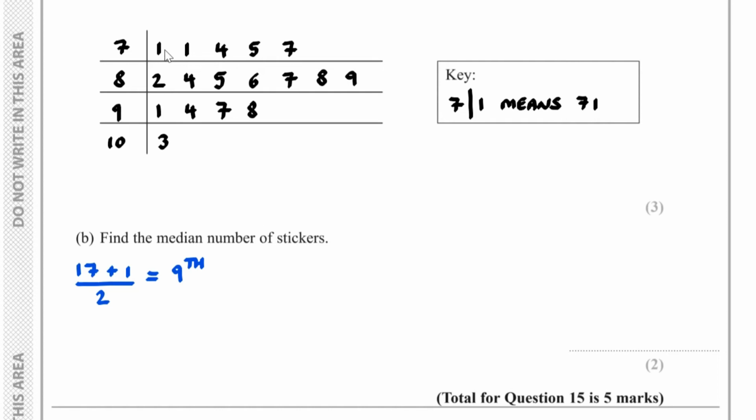So we've got 1, 2, 3, 4, 5, 6, 7, 8, 9. So the median is given by 86.